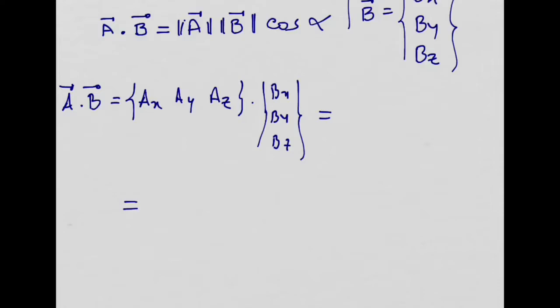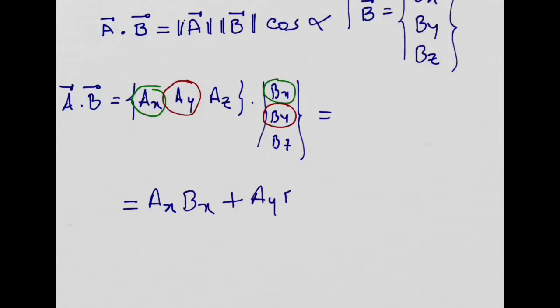I need to multiply the first component of my vector A with the first component of my vector B. And the result is going to be AX times BX plus, then I go to the second component of A, I multiply with the second component of B. Then you get plus AY BY, plus, and at last you do for the Z component.